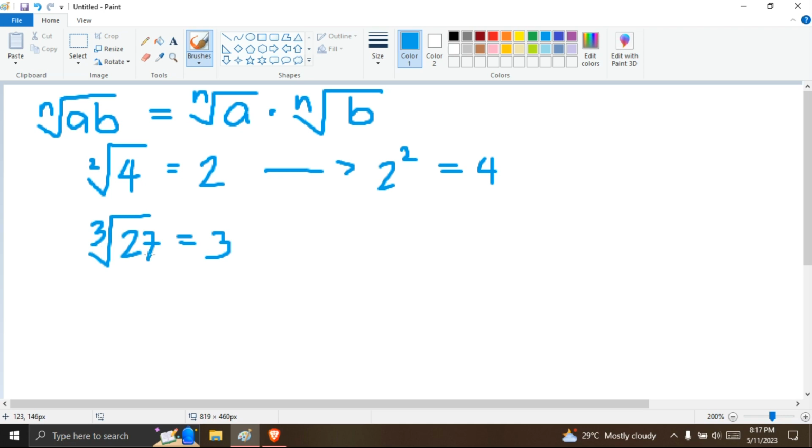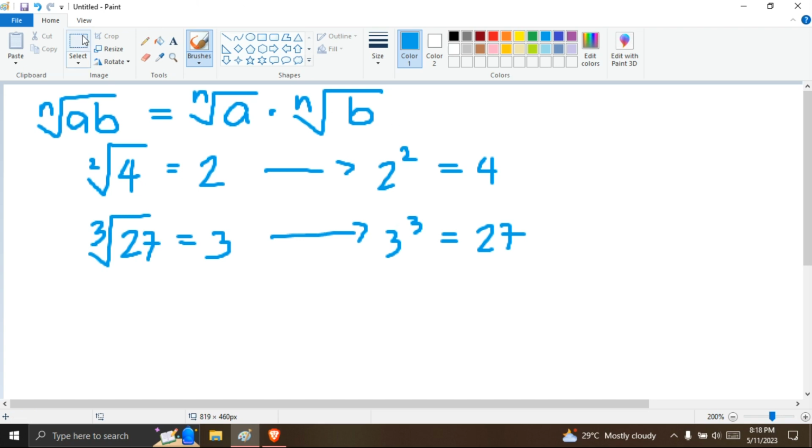Then the cube root of 27 is 3. Why? Because if you reverse that, 3 cubed equals 27, you multiply 3 three times to get 27.